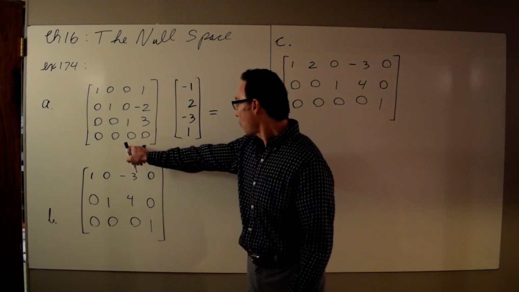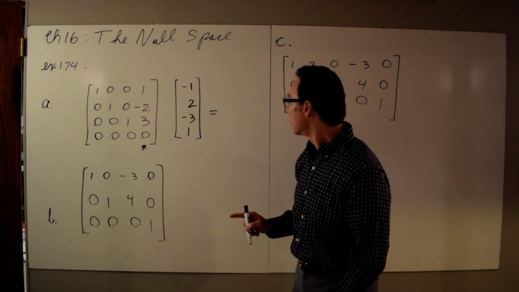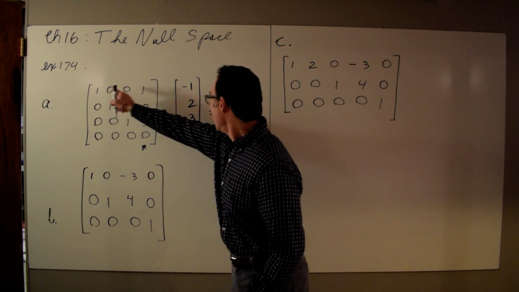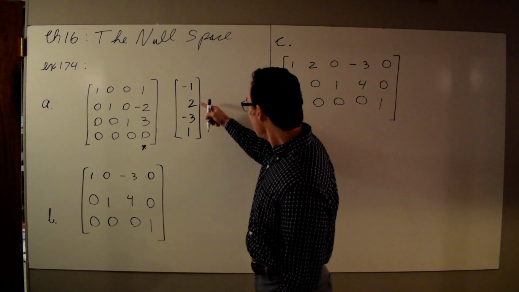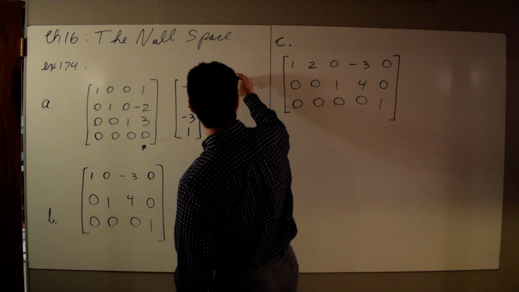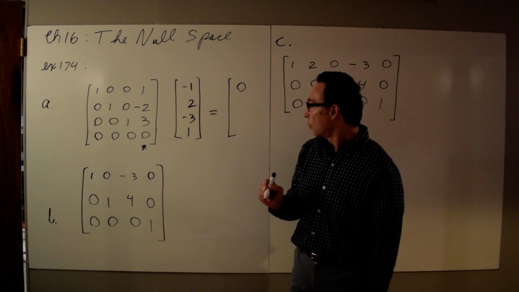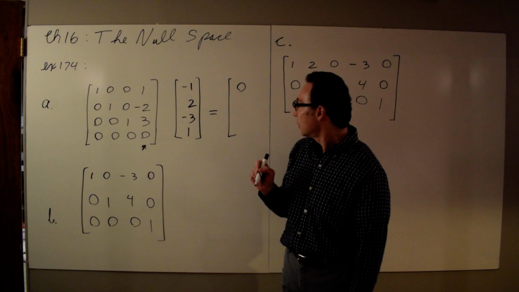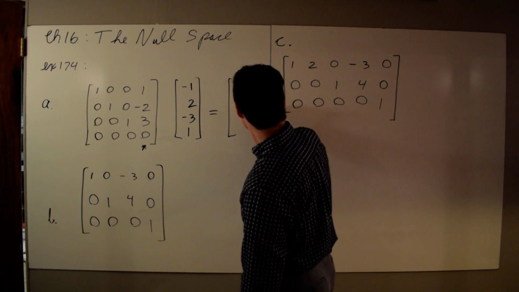So if we multiply this matrix times this vector, we have 1 times -1 is -1, then 0, 0, 1, so we have 0. The second row of the matrix is 0, 2, 0, -2.